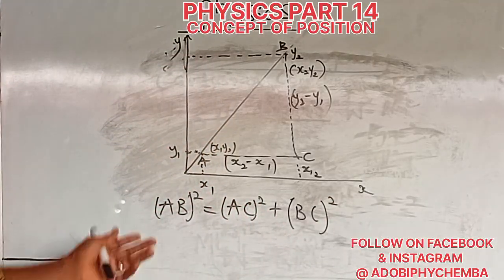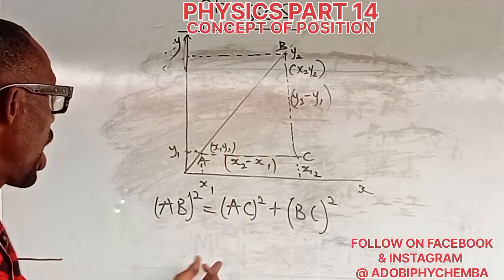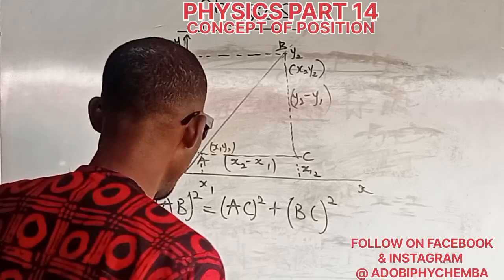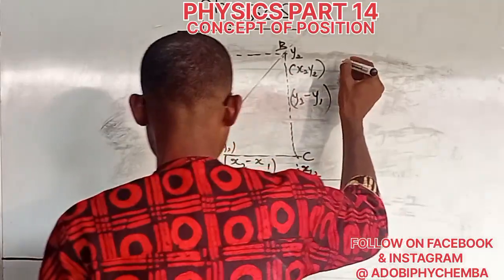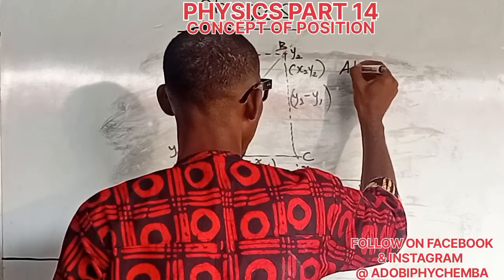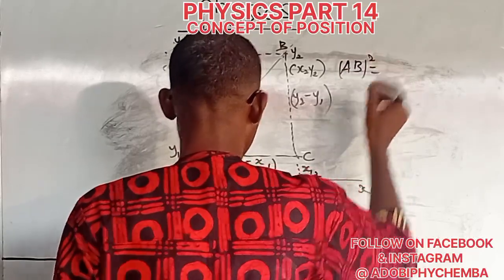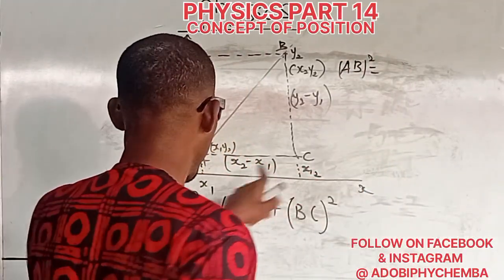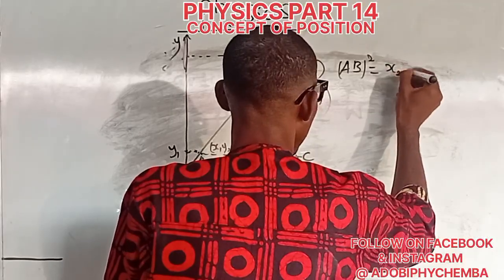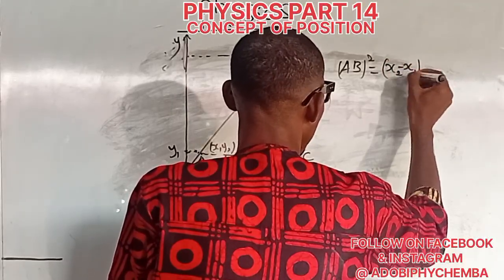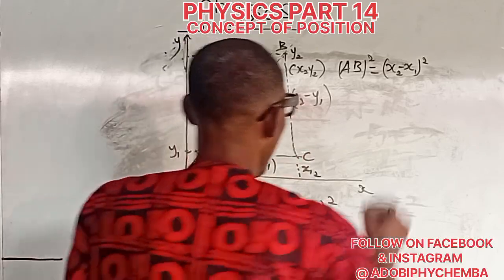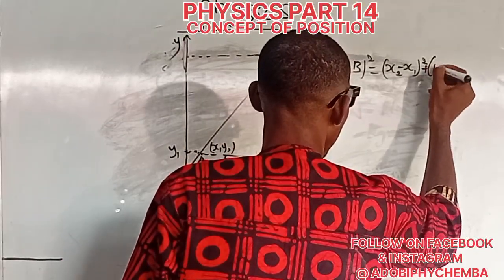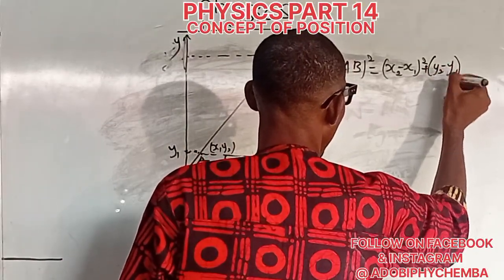So according to Pythagoras theorem, for you to get the distance from point A to point B, AB square will be equal to AC square, which is x2 minus x1, all in bracket, square, plus BC, which is bracket y2 minus y1, all in square.